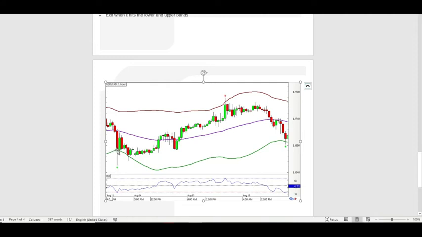But can you see your close is above this lower band? So the first signal: the low, or shadow, of this red candlestick is below, or equal to, this. The second one, the close of this red candlestick is above the lower band.